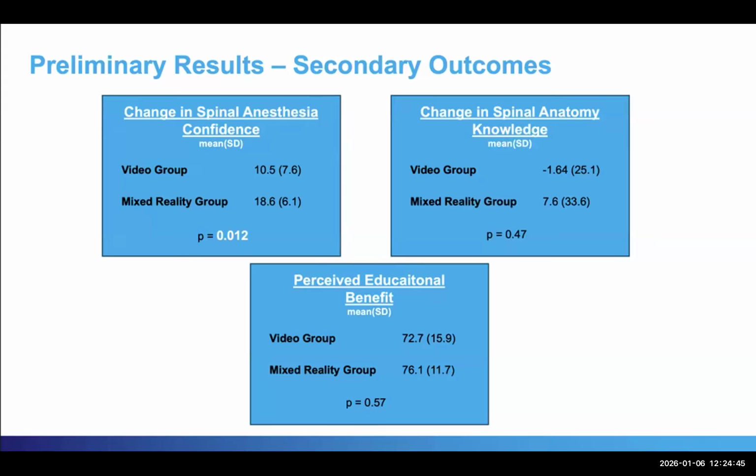So the mixed reality group had about an 18-point increase versus the video group had a 10-point increase. But no change in spinal anesthesia anatomy knowledge in terms of statistical significance, and no difference in perceived education benefit, though both did tend to score fairly high.